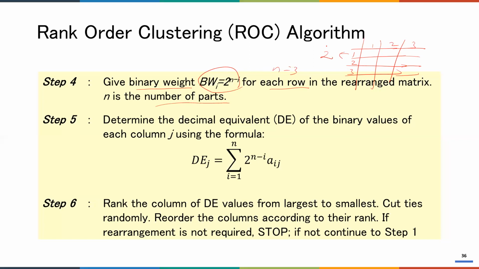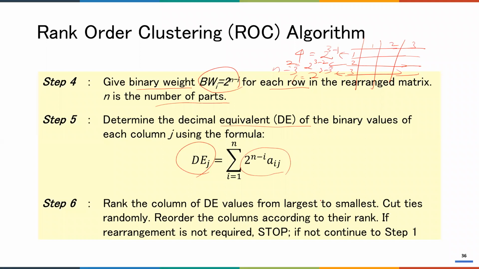For this it is 3 minus 1, so this is 4. And this is 2 power 3 minus 2, which is 2, and then 1. And then we again calculate the DE for each column J by summing all the multiplications of the BW with the AIJ. And then we sort from largest to smallest.